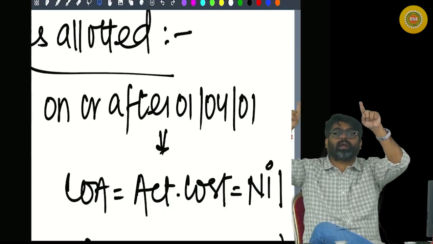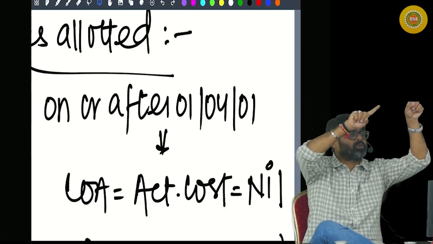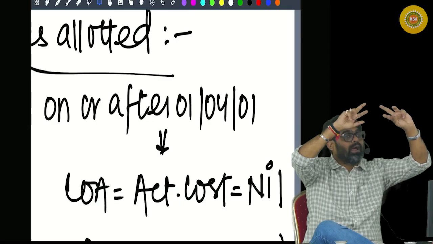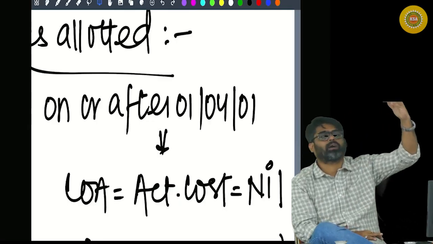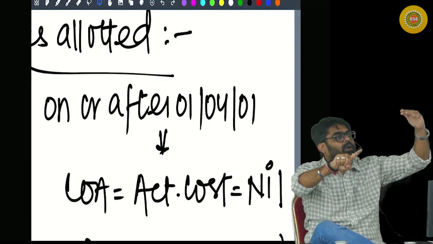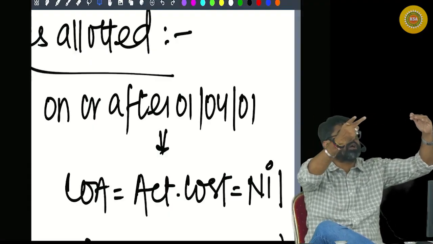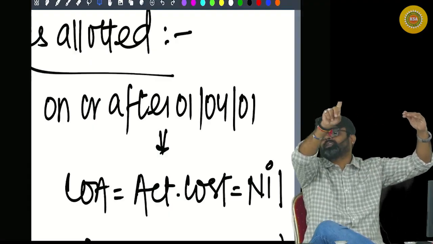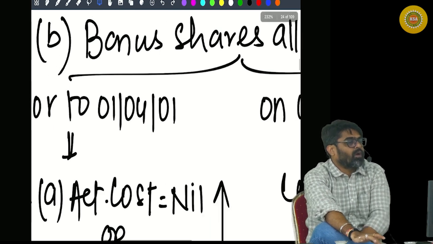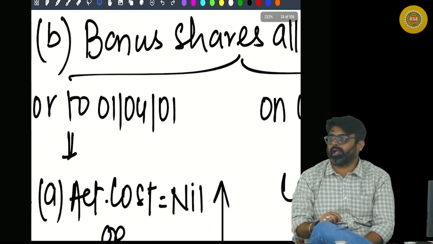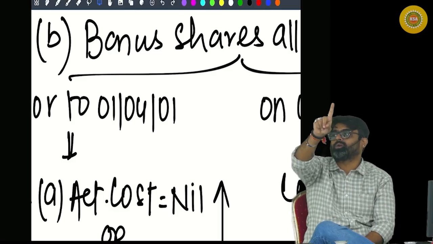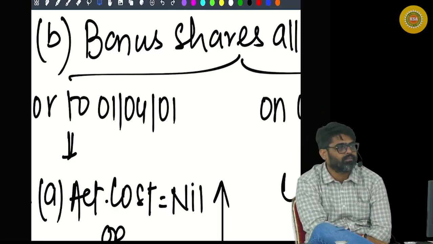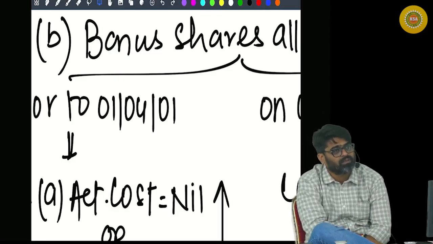For all assets acquired prior to 1st April 2001, actual cost or fair market value, whichever is higher. For shares acquired also, and for the bonus shares acquired also, it is actual cost or fair market value, whichever is higher. Will you remember this? Sure, sir.